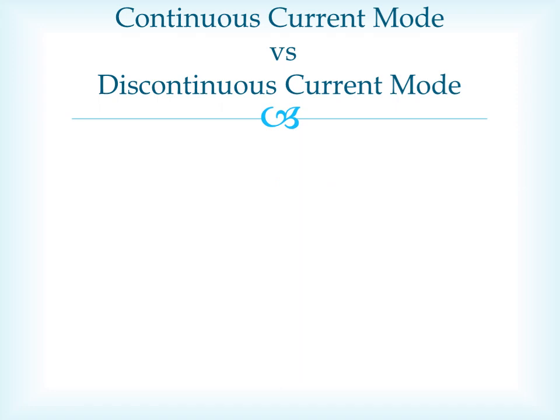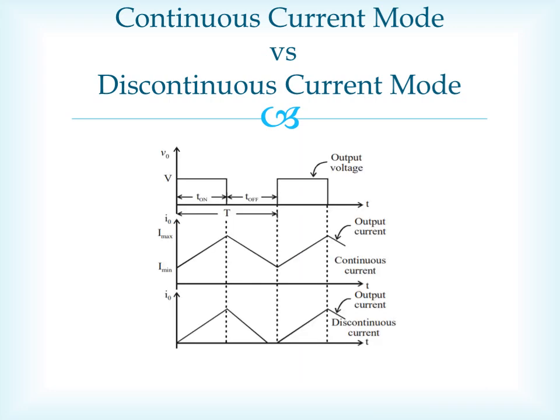I'm once again discussing the difference between the continuous current mode and discontinuous current mode. In the previous lecture also, I have used this figure to make out what the difference is. Now, there's a confusion that why this current I minima is starting from this point. How is it possible? Why is it not starting from 0? The reason behind this is that we have assumed that the circuit is at steady state.